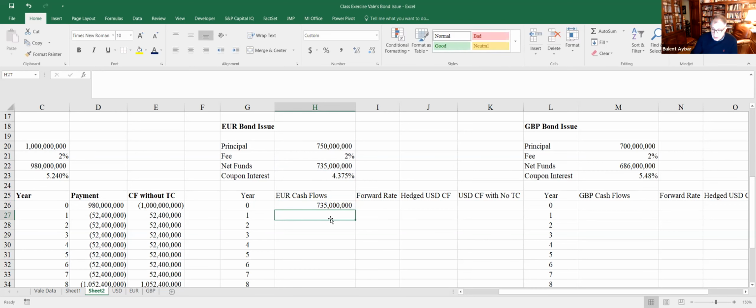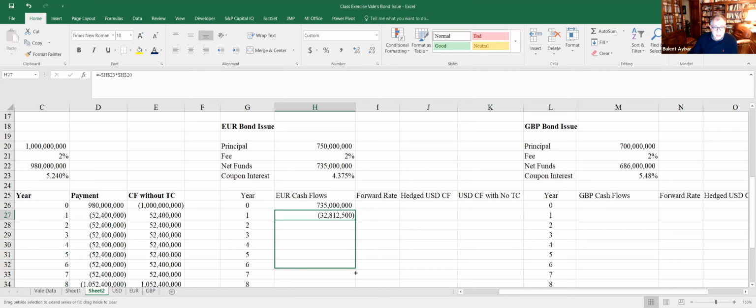it is going to receive 735,000 euros, and periodically is going to pay 4.375% interest on 750,000 euros. So I'm going to fix this so that I can copy this through. I'm pressing F4 to fix these, and I now have 32,812,500 euros of coupon payments.